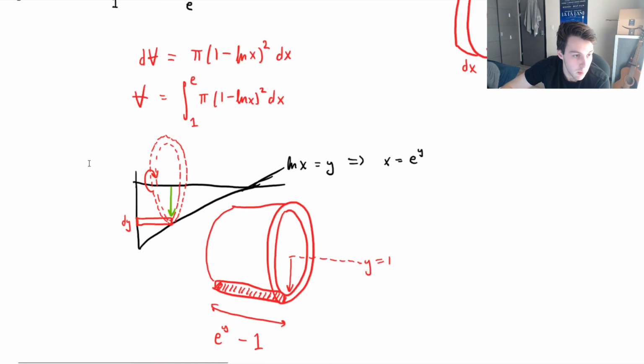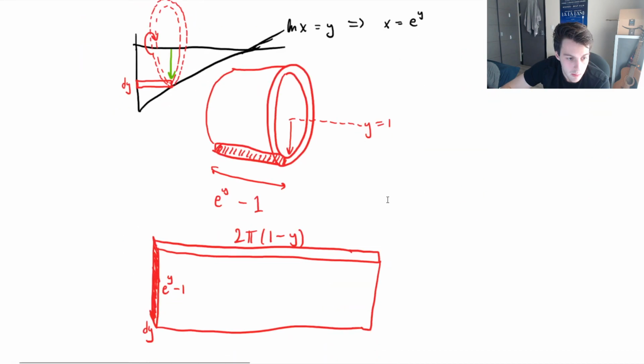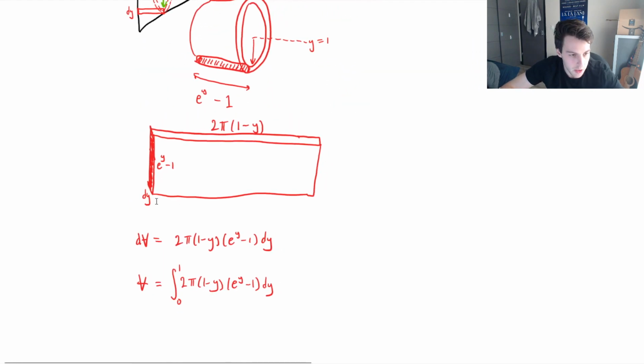We're taking the sum from y equals 0, where we start, and we end at y equals 1. So now we are going from 0 to 1 of 2 pi times 1 minus y times e to the y minus 1 dy.